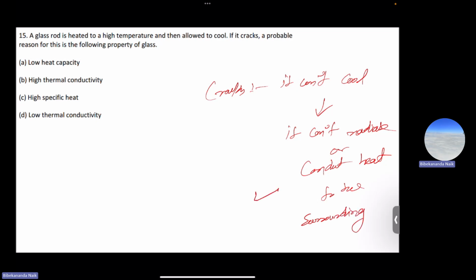So it has low thermal conductivity. So the correct option is option D. It has low thermal conductivity.